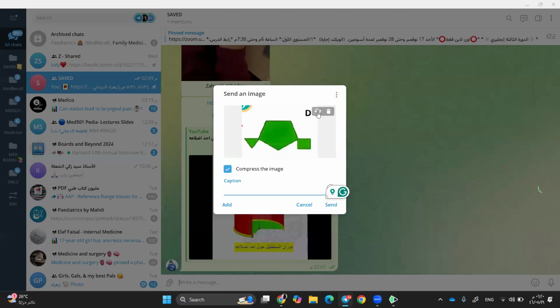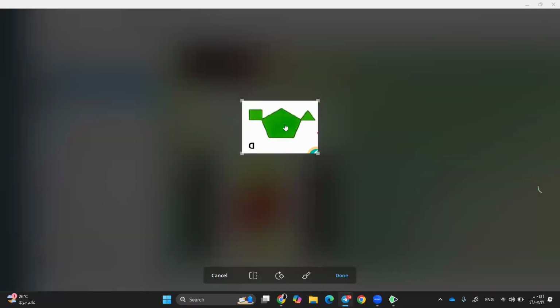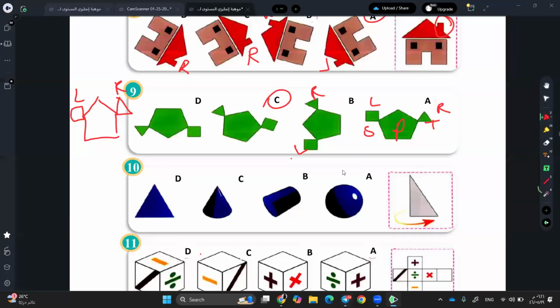This is D, so just flip it like that. It's going to be like A, right? This is the same as A. This is A, and this is D. So they are similar. But C is the only one that has a square on the right and a triangle on the left. Do you now understand?